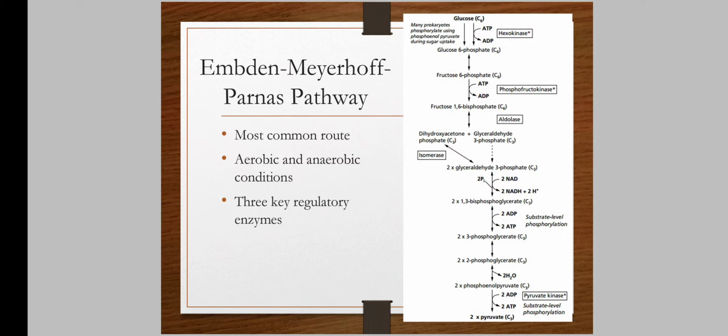So why does the last step have to be tightly regulated? It's because ATP is quite a reactive molecule, so if there's an excess of ATP, the cell does not need to produce more ATP. So this is your glycolysis, or the Embden-Meyerhof-Parnas pathway.